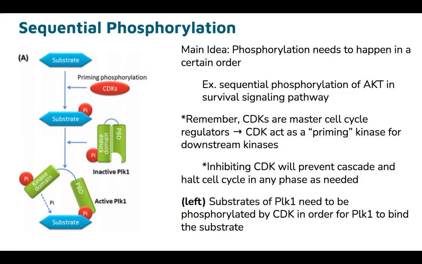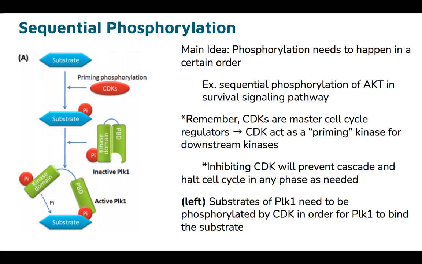And that's an example on the left, like we talked about. For this kinase to be activated, it has to be phosphorylated out of its inactive state by the substrate, which can only happen if the CDK first primes it. So does that make sense?